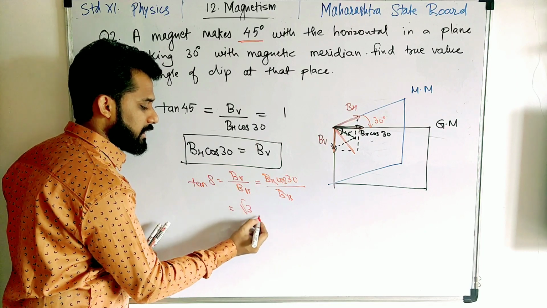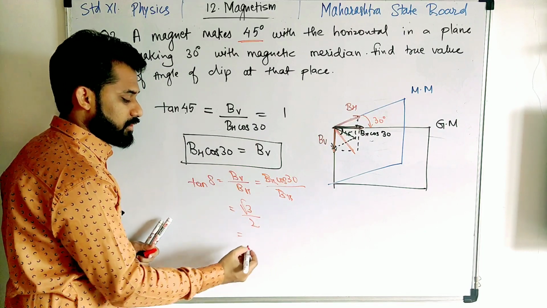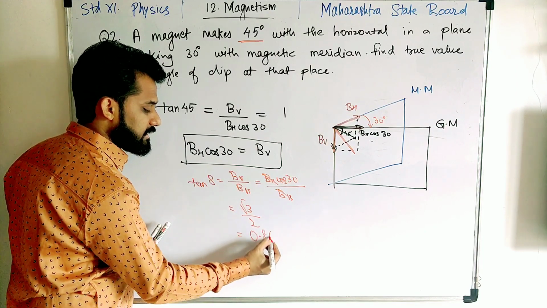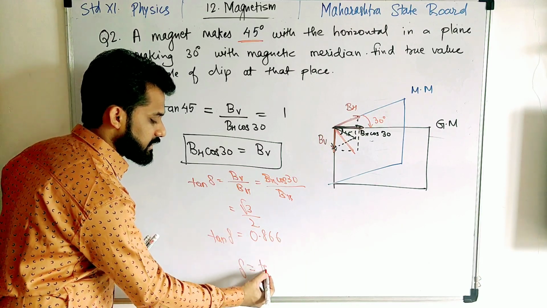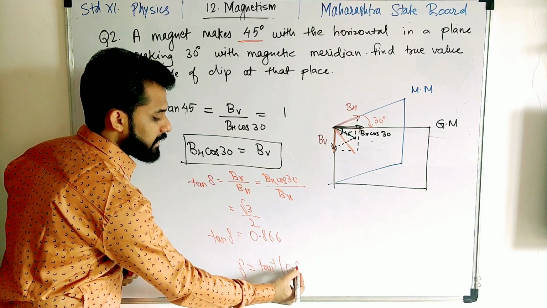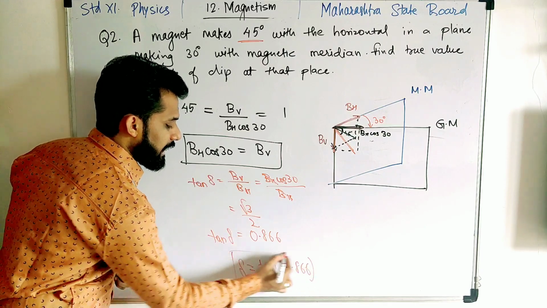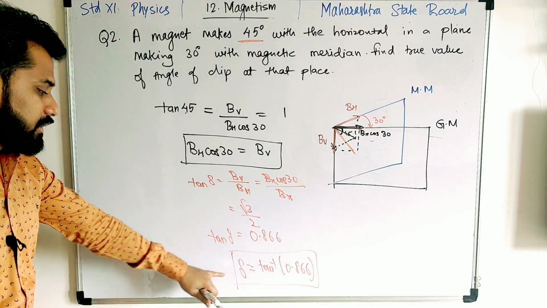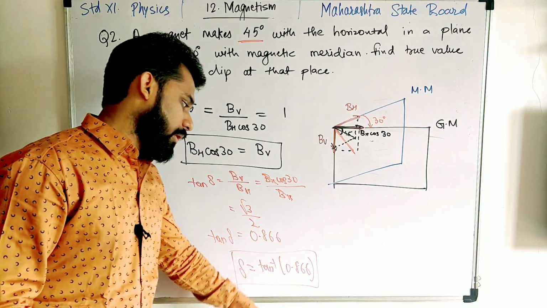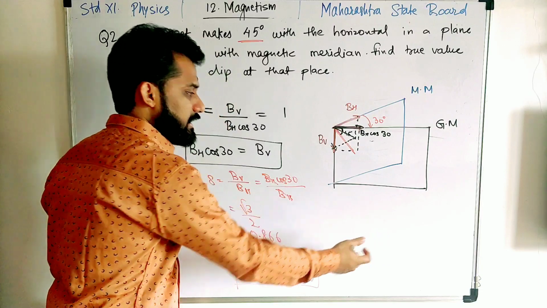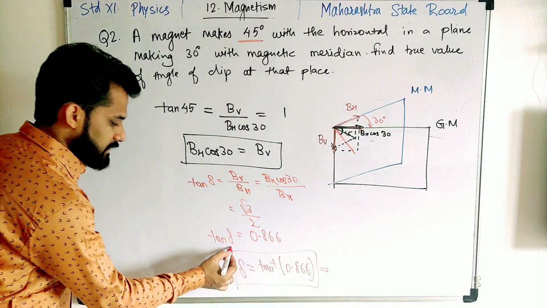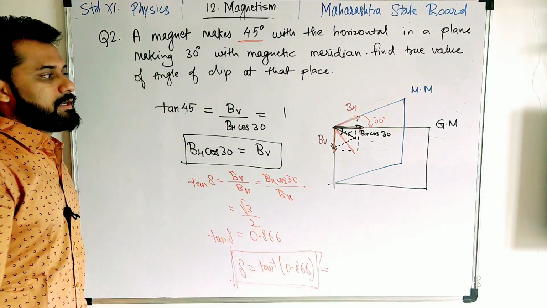Cos 30 is root 3 by 2. If you put the value of root 3 by 2, you will get 0.866 as tan delta. So true angle of dip is tan inverse of 0.866. You can solve it to get the answer in degrees using log table, but this is the answer for true angle of dip.